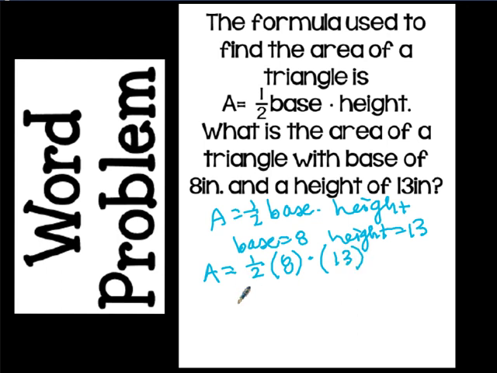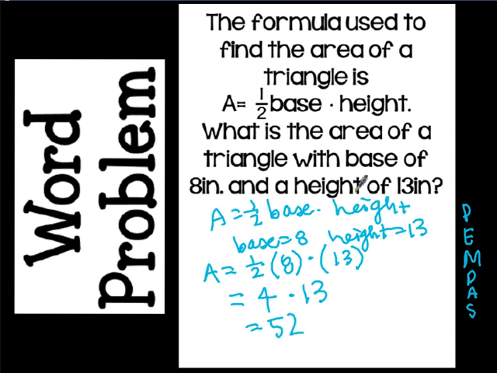So when I use my order of operations, I have parentheses, but there's nothing going on inside the parentheses. I'm just using the parentheses to indicate multiplication. So I'm going to do 1/2 times 8, which is going to give me 4. And then I'm going to bring down this 13. So then 4 times 13 is going to give me 52.